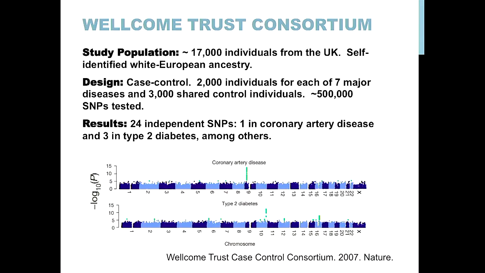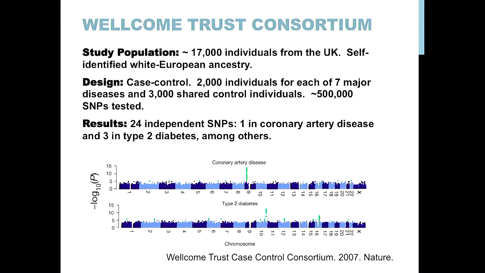This was very early on, before there was as much hullabaloo about making sure that results were generalizable to other ethnicities, so everyone in this population was self-identified as white European ancestry. And the really cool thing about this study was that they had 2,000 individuals for each of 7 major diseases, and then they had 3,000 shared controls for comparison with those 7 diseases.